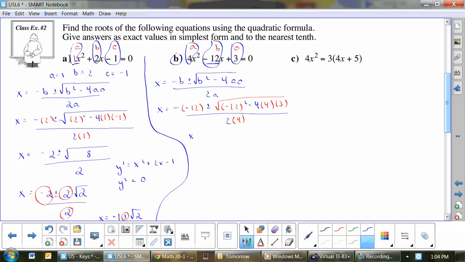Okay, so like someone said, when we have a negative 12, it becomes positive 12, plus or minus what belongs under that square root sign.